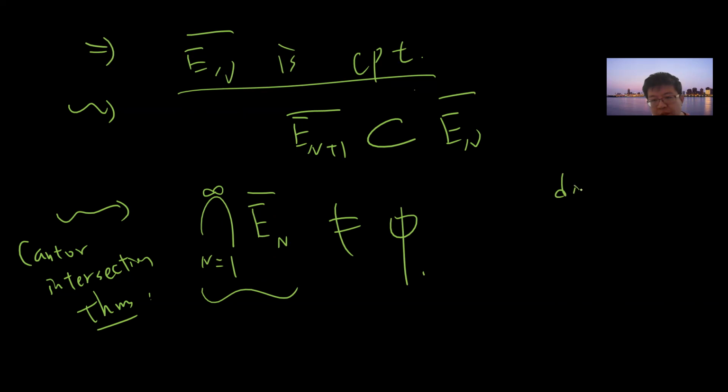But you know the diameter of En bar goes to 0 as n goes to infinity, which means the intersection cannot contain two points, otherwise the diameter would be non-zero. So the only case is that the intersection contains exactly one point. So there is a single point Q inside the whole intersection.